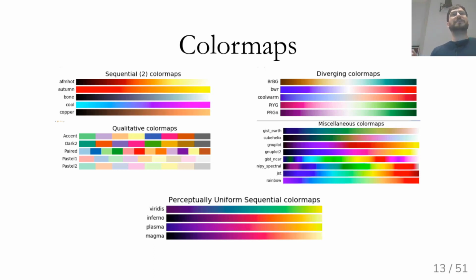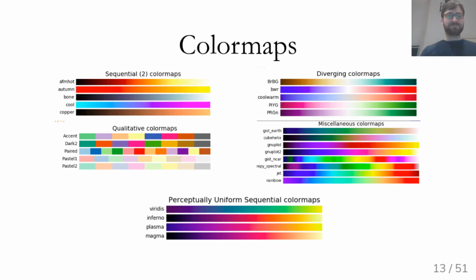There's those that are sequential, that go from either light to dark or from dark to light, and then also change in color. There's the diverging ones that have a midpoint, so that's usually like 0 or neutral or something like this, and then they go to both negative and positive. And then you have these that are sort of mixed high contrast color maps.